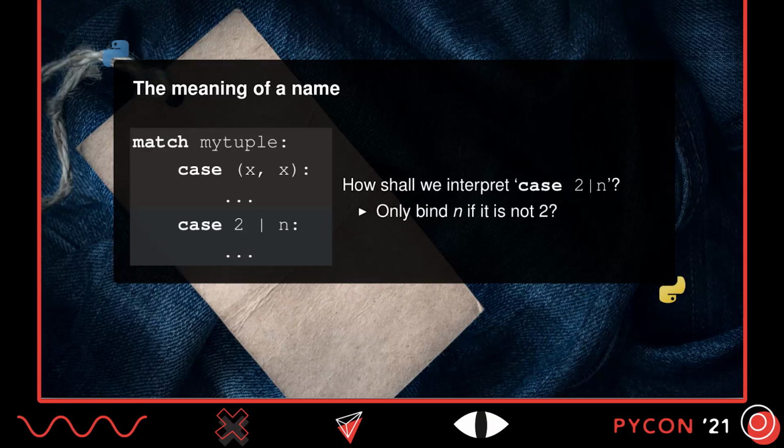The issue in this case is that n might be undefined if the original value provided was a 2, otherwise n will be defined and have a specific value. So in this case, it's not quite clear what to do, and could the program below even test whether n is defined or not in a meaningful way?